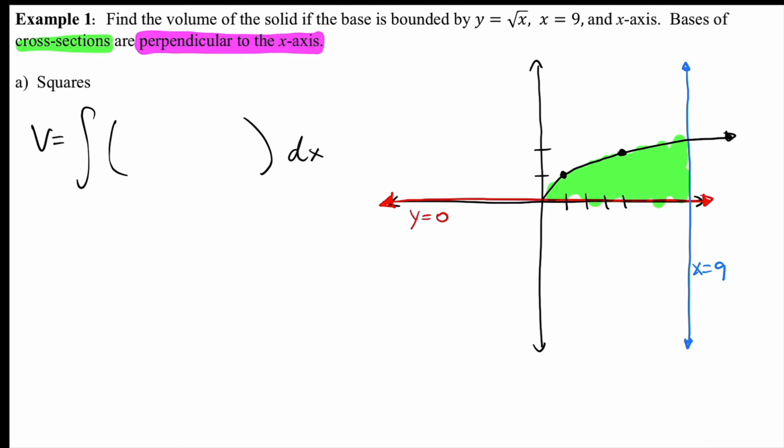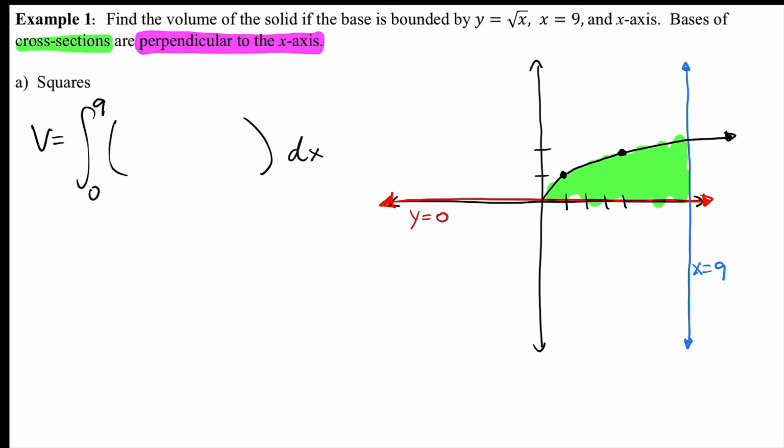Left and right of the green stuff, right? So the left edge of the green is 0, because the square root of 0 is 0. The right edge is going to be the blue line. It doesn't go past the blue line. That's the fence on the right side. So 9. So 0 to 9.